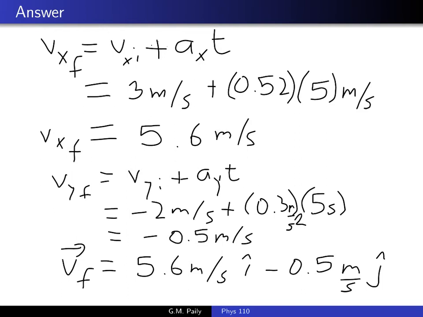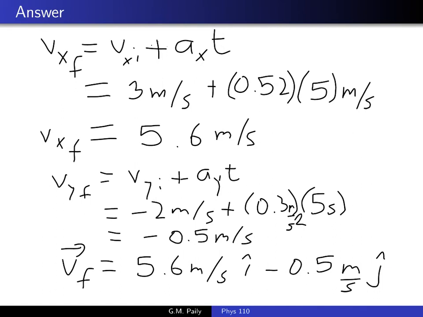Notice a few things. One, this is a vector. We have combined the components with the unit vectors to give an overall object that has both direction and magnitude. It tells us how fast it's moving in the x direction and how fast it's moving in the y direction. Notice that we do not use any commas.